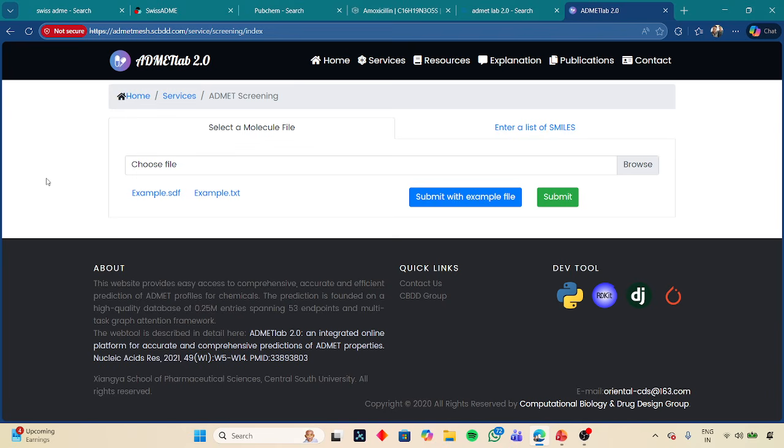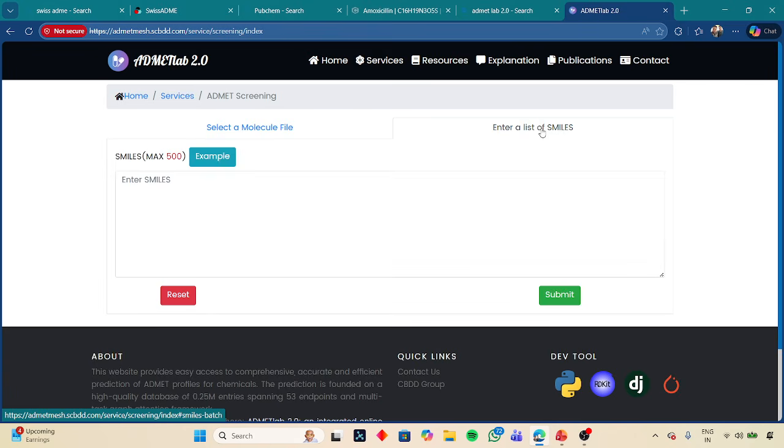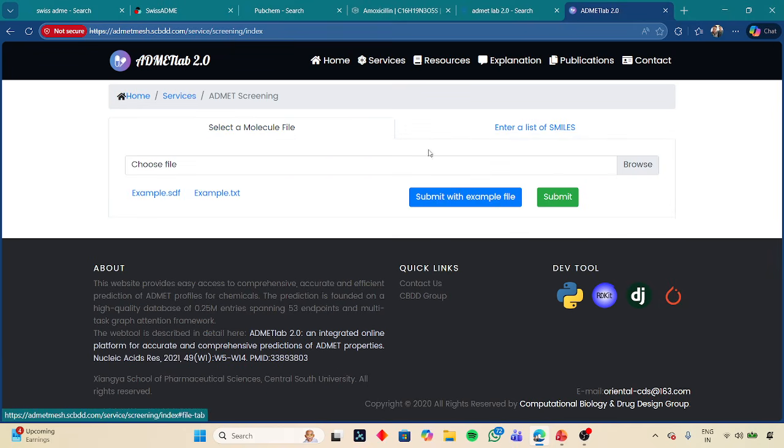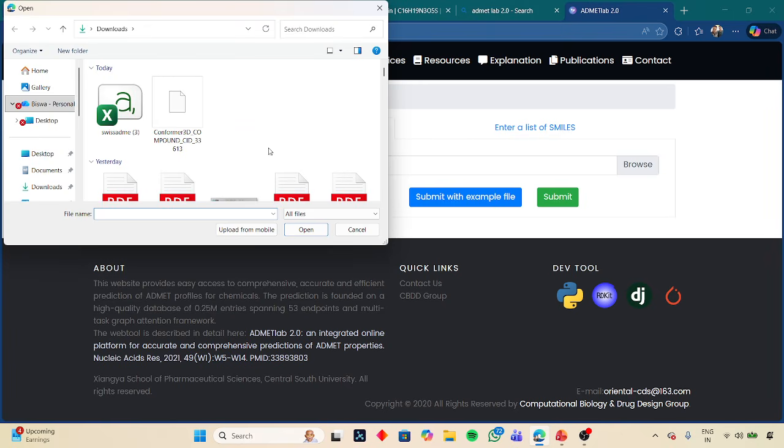First of all, you have to choose a file in the form of SDF format, or you can enter your SMILES here. You can enter the SMILES, or you can browse the molecule from the SDF format. So let's select the molecular file. For that, you have to go to browse and select the compound that we have already downloaded, that is amoxicillin.